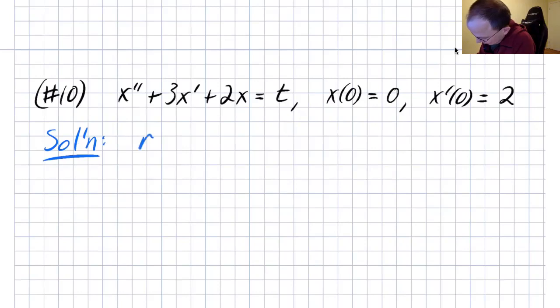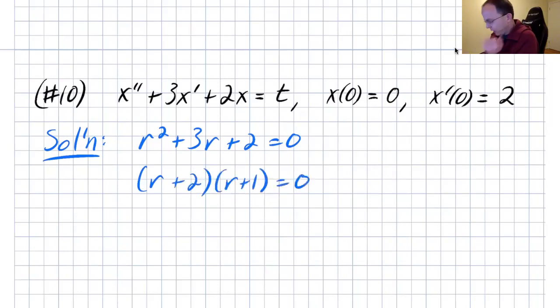So r squared plus 3r plus 2 equals 0. R plus 2 times r plus 1. So granted, these are very simple examples, right? The first one had sines and cosines, but these ones just have exponentials.